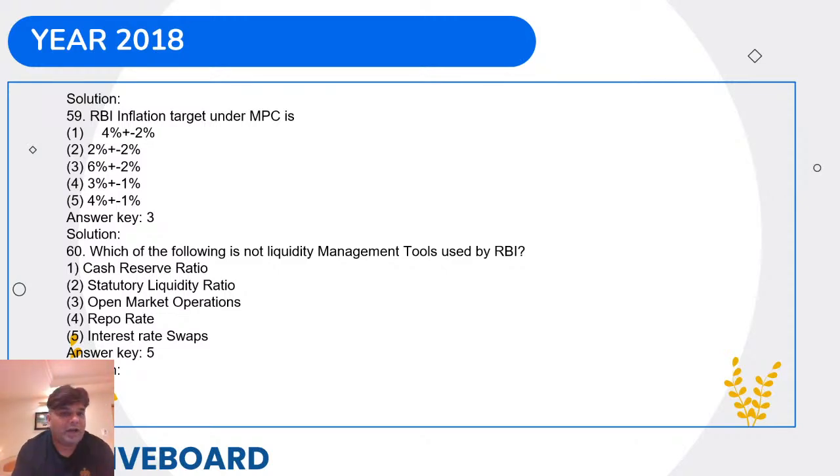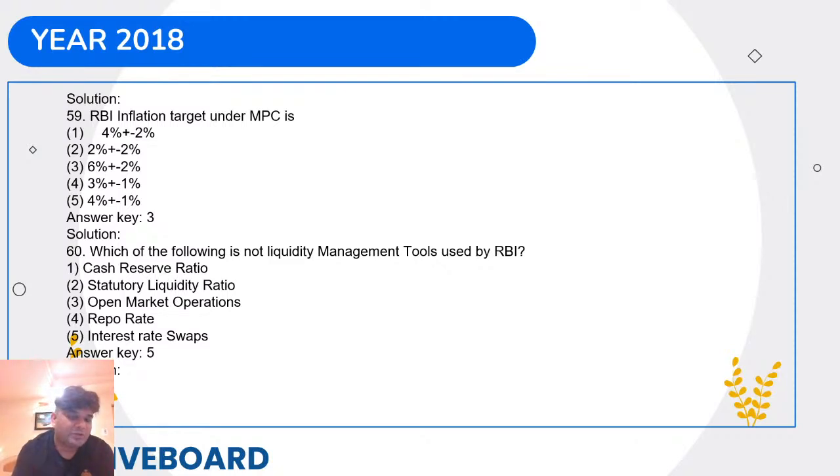Question number 59. RBI inflation target under MPC. This is such an easy question, boys and girls, such an easy question. It is 4% with an allowance of plus minus 2%. So the answer is 6% and 2%, right? The RBI inflation target under MPC is 6% to 2%. Why?